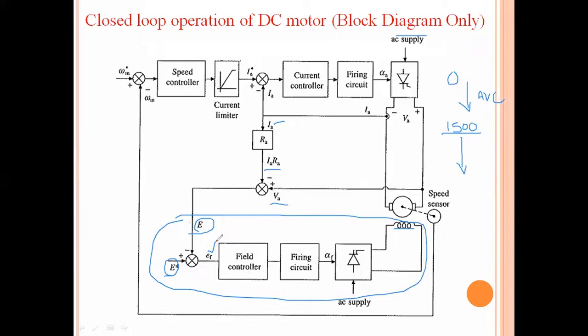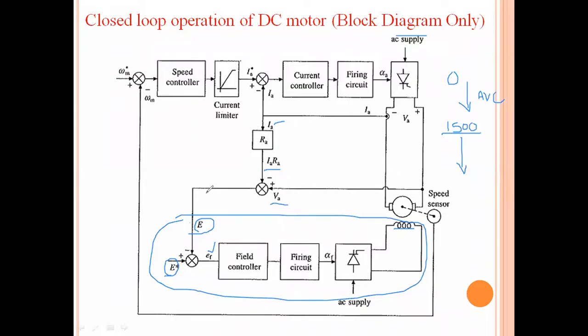Okay, see here, if the speed is set above the base speed, then the current reference is set at the maximum permissible value, which means the current produced will be more.